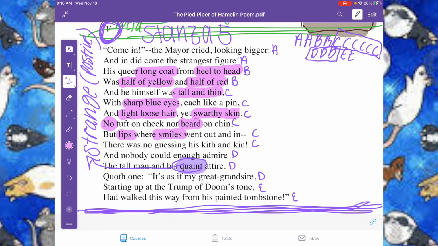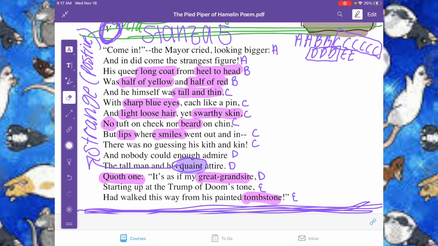He has lips that are smiling. And we have like a strange thing happening here. This one guy stands up and he says, hey, quoth one, hey, that looks like my great-grandfather coming back from his tombstone. This guy is suggesting that this guy is basically the dead come back to life. He's like, I recognize him, I know him, that's my deceased great-grandfather. So can we believe that? I don't know, but that's a comment being made by one of the people.